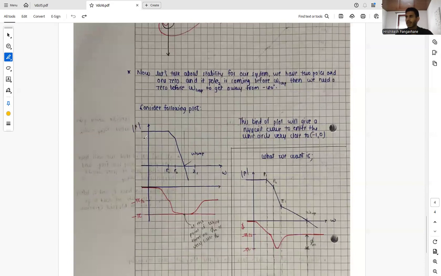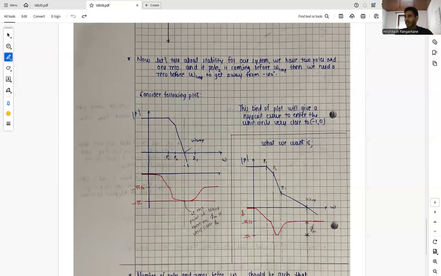Here we have omega loop over here, and we can definitely see that at omega loop there is no phase margin, or even if there is, it is very little. These curves are not accurate; they are vaguely drawn just to understand the concept intuitively. This kind of plot will give a Nyquist curve that enters the unit circle very close to minus 1 comma 0, and thus we might compromise the stability.